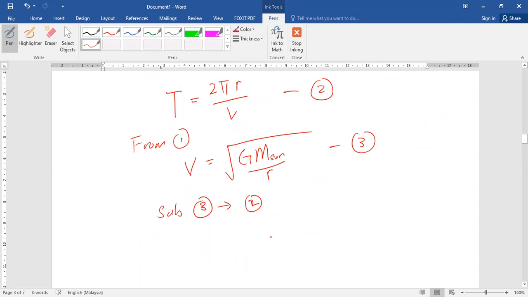So the time taken for 1 complete revolution will be equal to 2 pi r over the square root of G M sun over r.